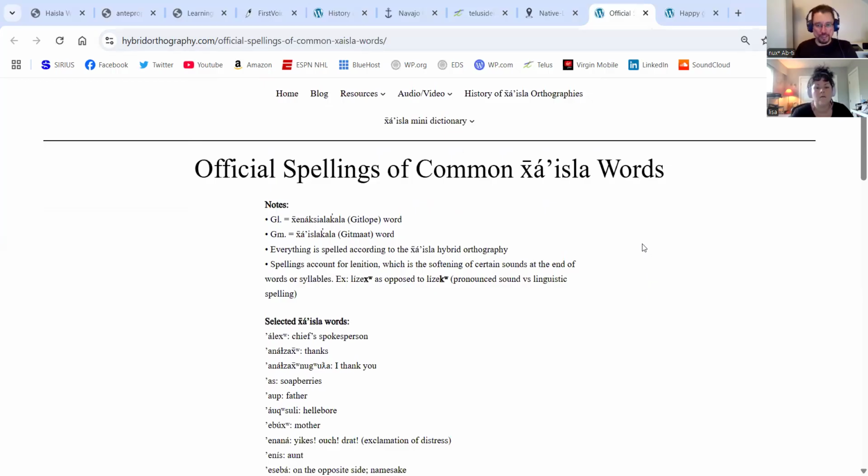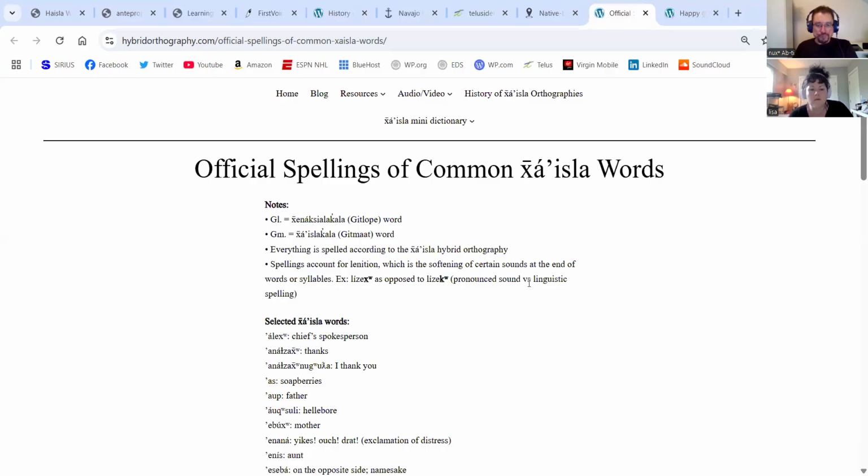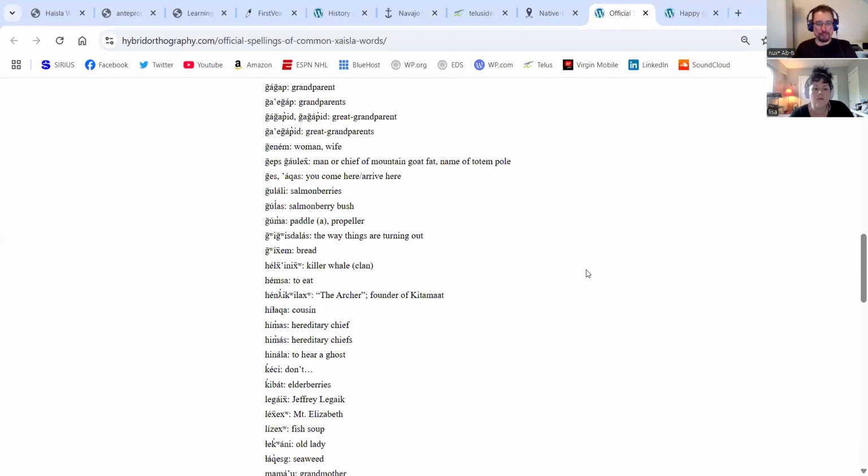This is a page that I set up that has some common words that people might hear and the official spellings for those words. So if people want to look up the spelling for Gupskolach, it's here listed with a lot of other words.